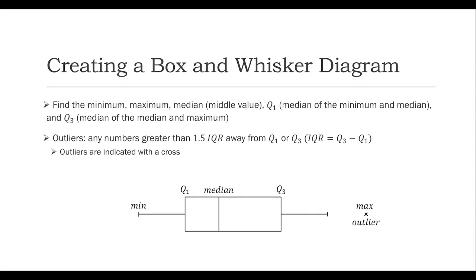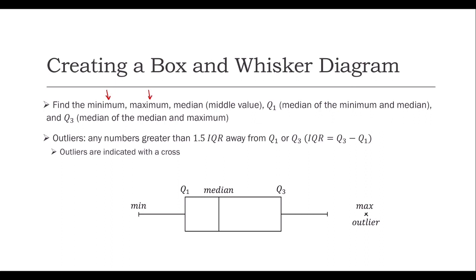Next, we'll learn how to create a box and whisker diagram. It's also just called simply a box diagram. So to do this, you need to find the minimum, maximum, median, Q1, and Q3. So if you had a bunch of data values, your minimum is obviously the lowest, and your maximum is the highest.